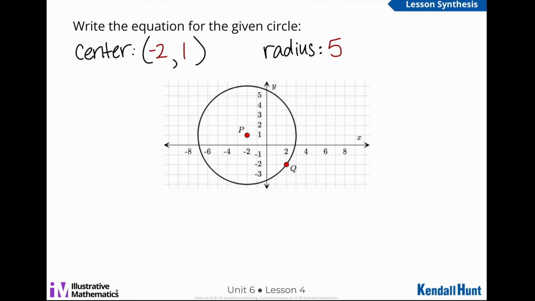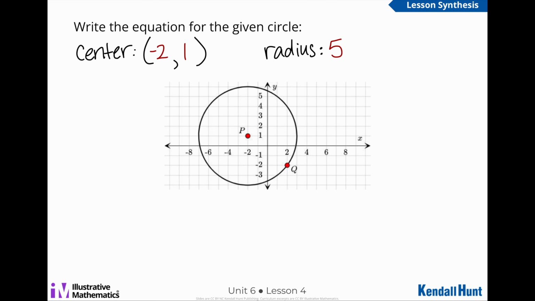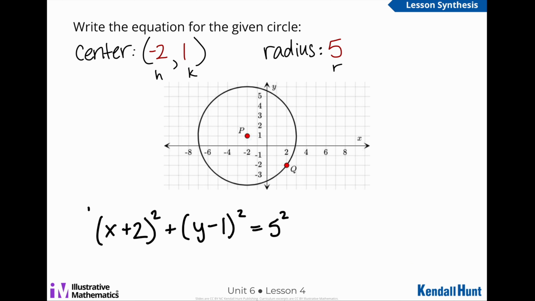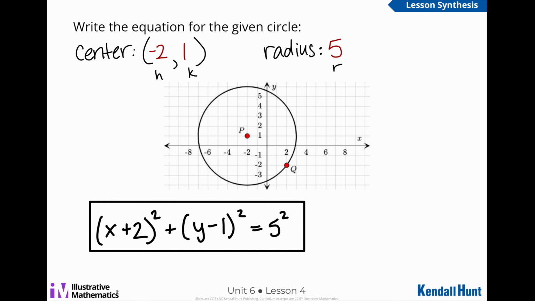So now using those as our values for h and k and r, in our equation we would say x minus -2, or plus 2. I'm going to use plus 2, but if you wrote minus -2, that's okay, squared, plus y minus 1 squared is equal to 5 squared. You could also write that out as 25. But that is the equation of the given circle.